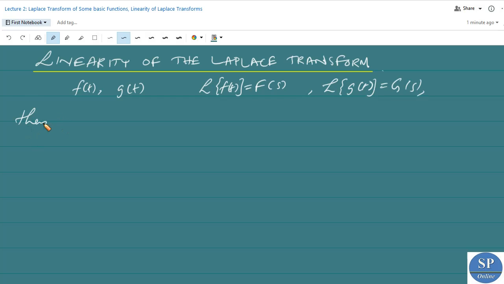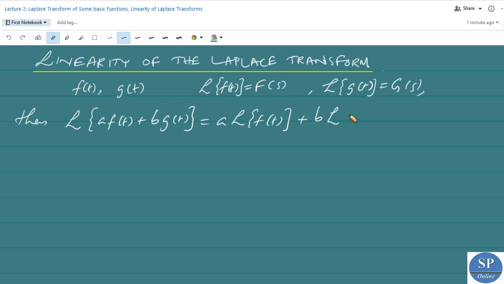Then the linearity property is: Laplace transform of a into f of t plus b into g of t, where a and b are constants, is a into L of f of t plus b into L of g of t, that is equal to a into F of s plus b into G of s. This is the linearity property of Laplace transforms.